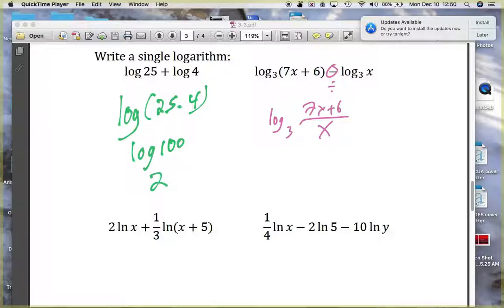Oh, we got more. Put the power on it. That's what you need to do first. That's a 3. It's hard to see, but it's a 3. Then the addition becomes multiplication. So I'd have that.